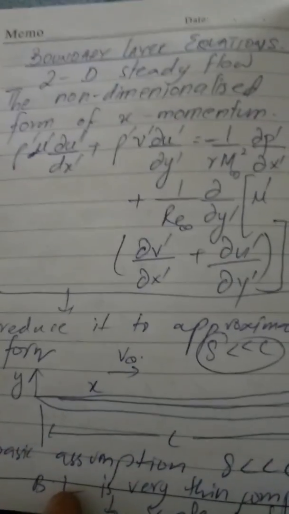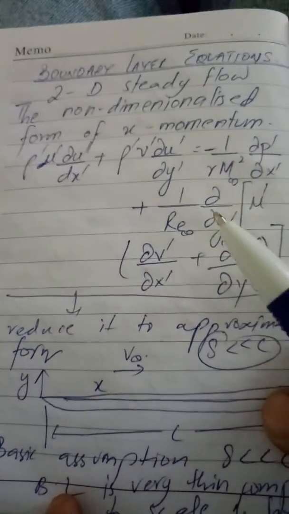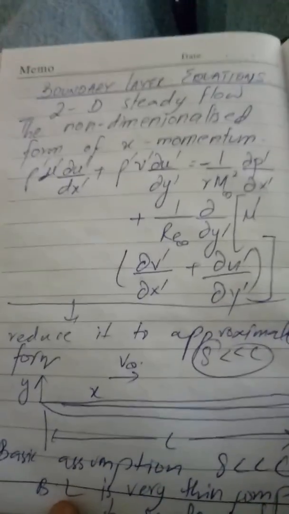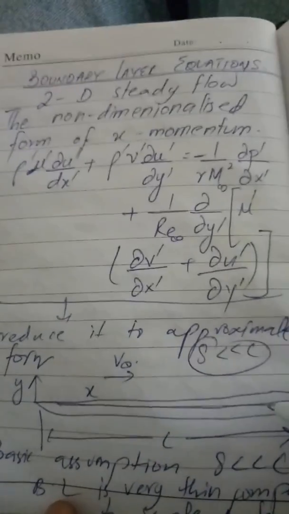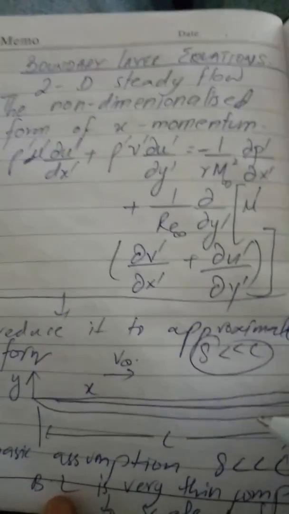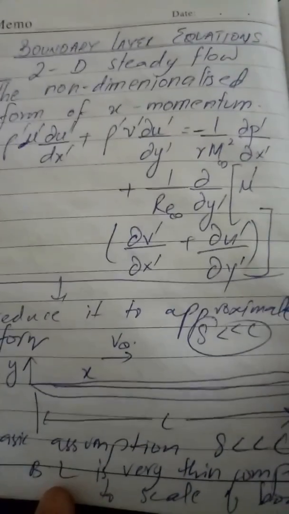So we have to reduce this whole non-dimensionalized form of X momentum to an approximate form.